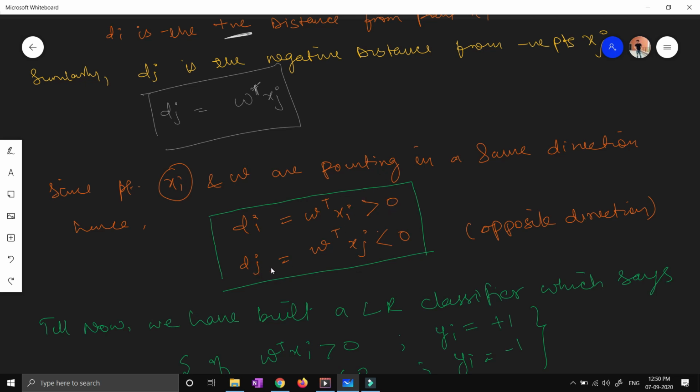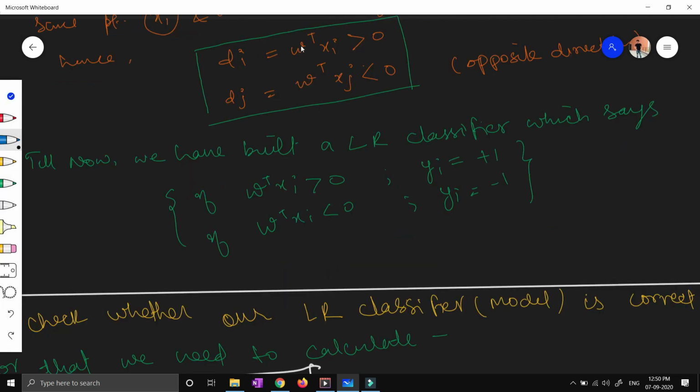If my data point is in the opposite direction of w, it will be less than 0, because it's in the opposite direction. Always the distance will be less than 0.